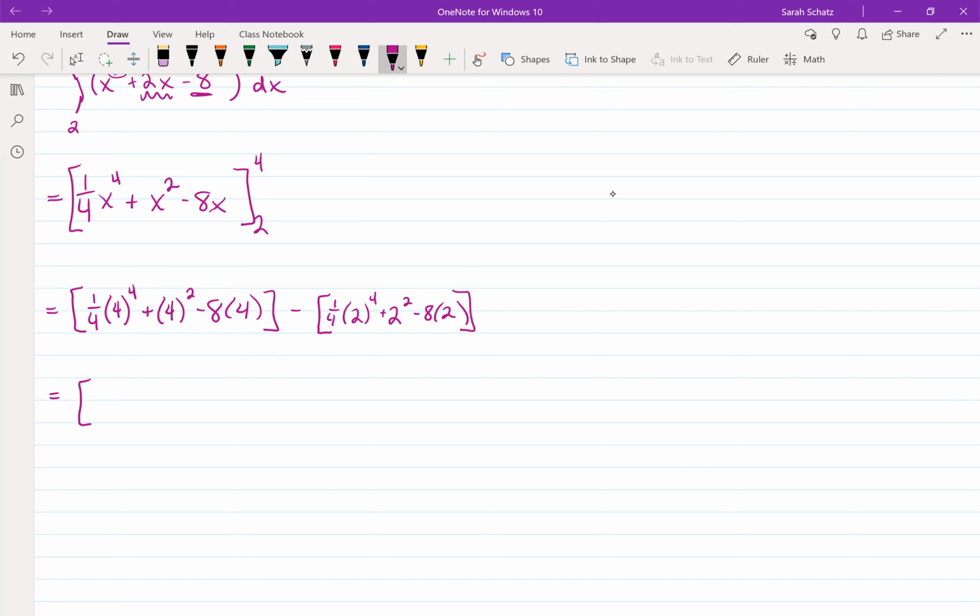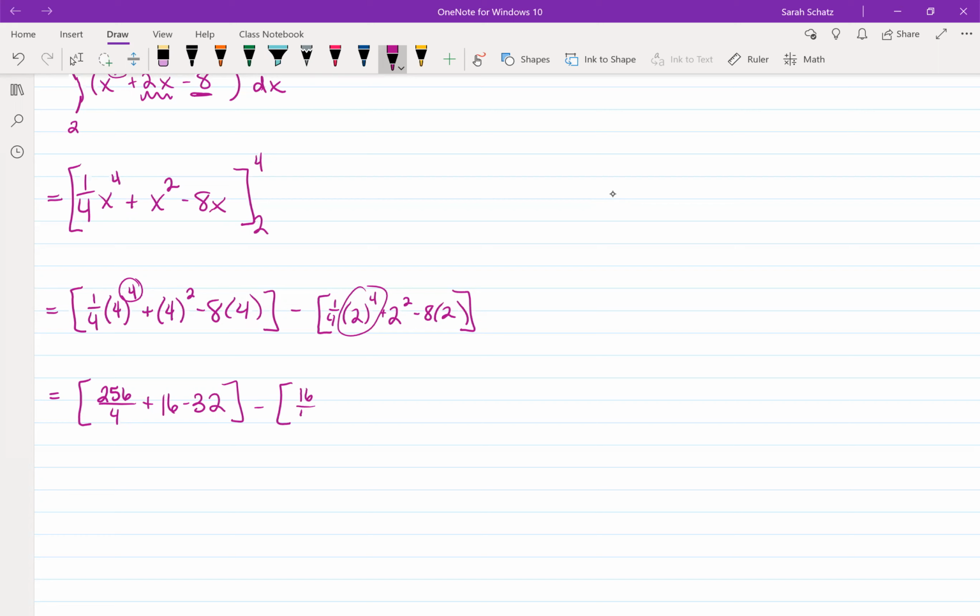Okay, so I already know 4 to the 4th was 256. So that's 256 over 4. Make sure you, this one is not a negative exponent, so it does go on top. Plus 16 minus 32. Over here, you guys, this 2 to the 4th, that is 16, and that goes on top.